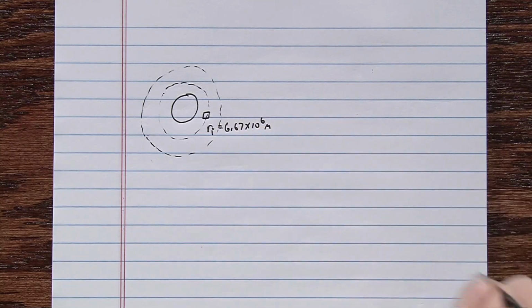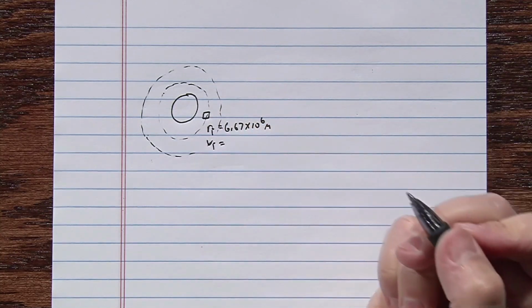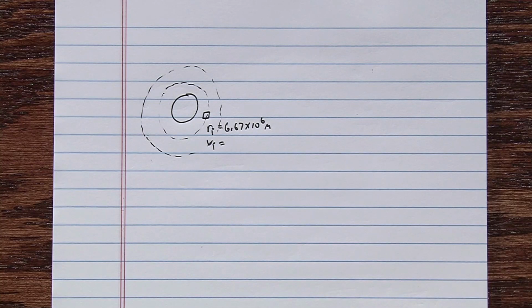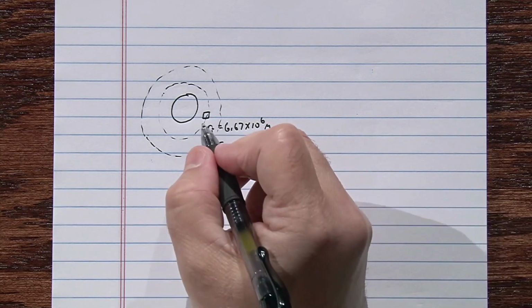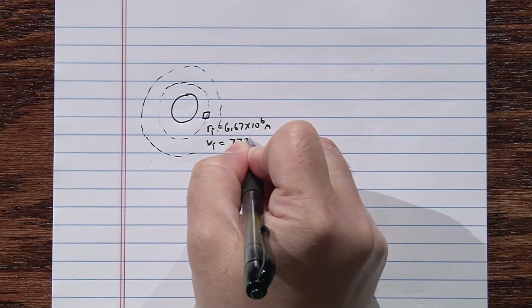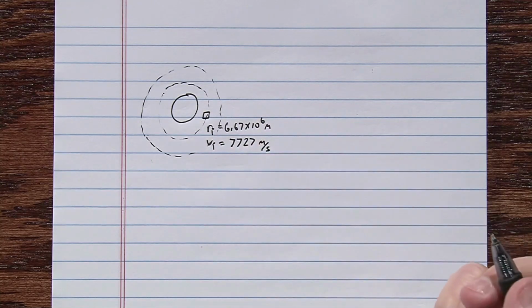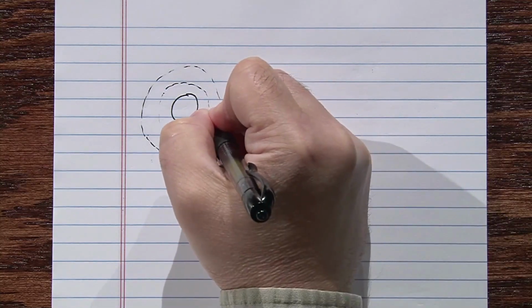That was our R final from our last exercise. And our V initial is the orbital speed at 300 kilometers, and we've already calculated that. That was our V final from our last exercise, and that is 7727 meters per second.